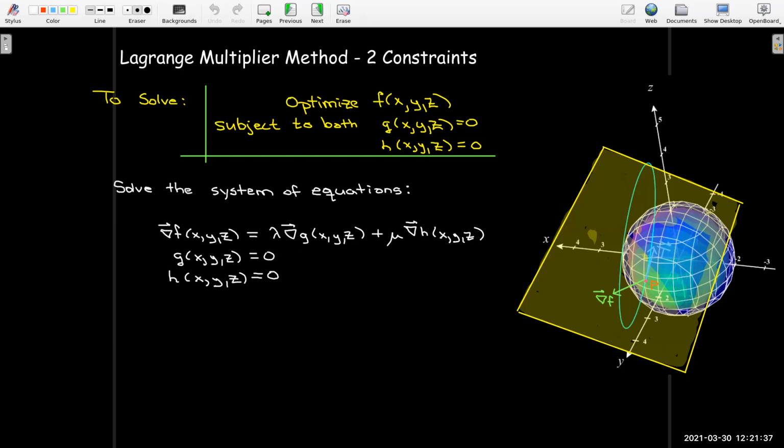So in this case, you're going to have a system of 5 equations: 3 equations from the gradient condition, plus my 2 constraint equations. That's a total of 5 equations and 5 unknowns: x, y, z, mu, and lambda.